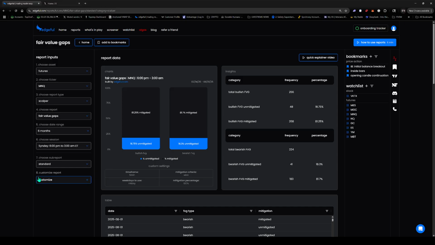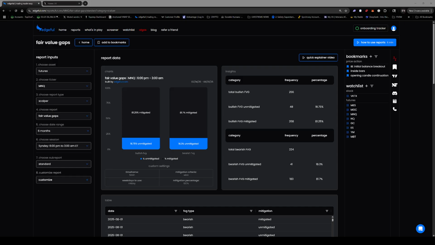So in either case, we have pretty good odds of fully mitigating, not returning to the previous day's range, and potentially continuing to move up. Which looks like we're doing now.